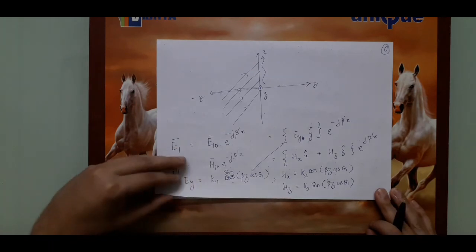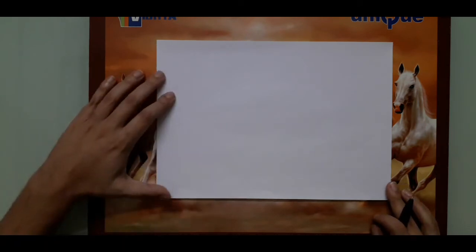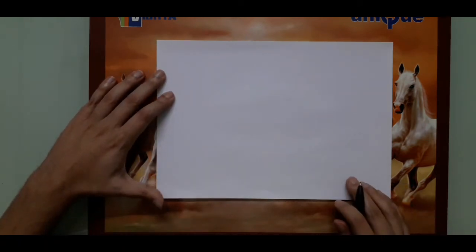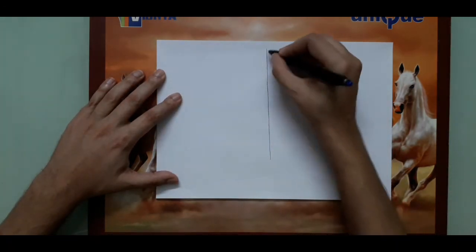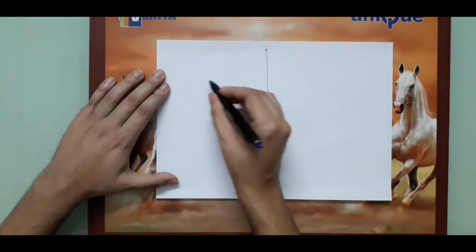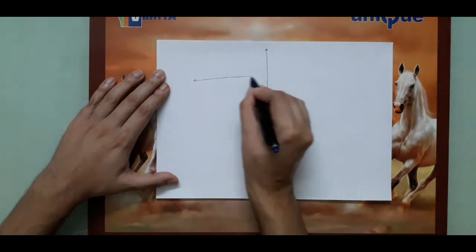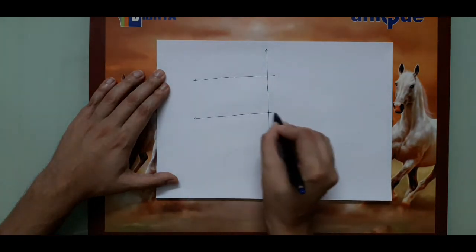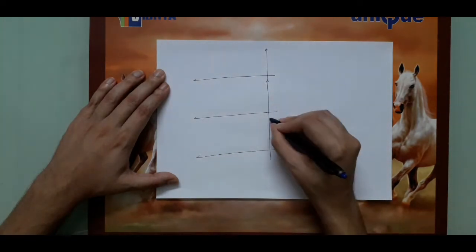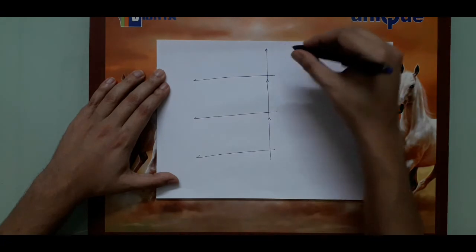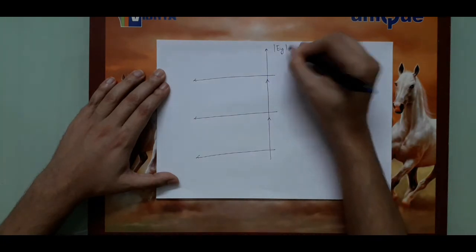So now suppose I plot the magnitude of each of Ey, Hx and Hz. Let us say I have 3 graphs and this is my minus z axis in each case. Let us say first I will plot the mod of Ey.